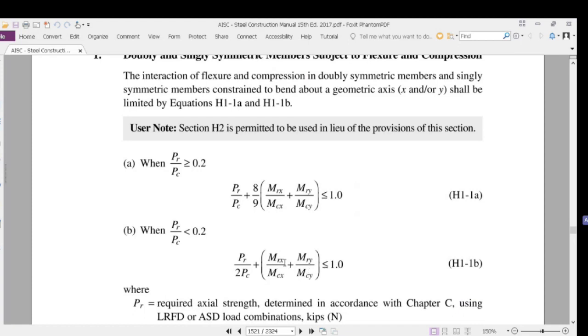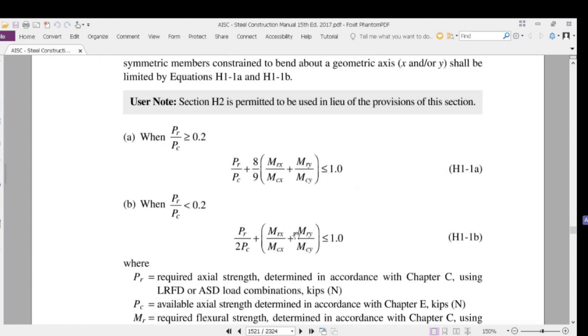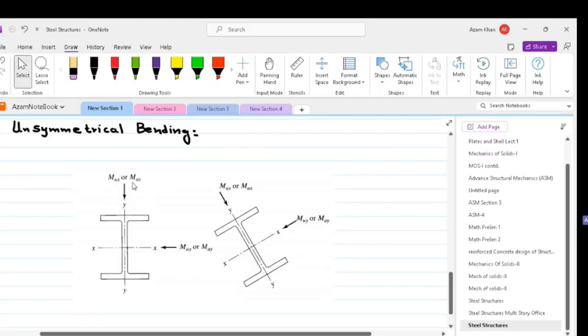In this equation, Mrx and Mry are the required design flexure strength about the x and y axes, and Mcx and Mcy are the design flexure strength about the x and y axes. So, using this equation without the axial term, we can ensure that the combined moment about both the principal axes is less than the corresponding capacities in both the directions.